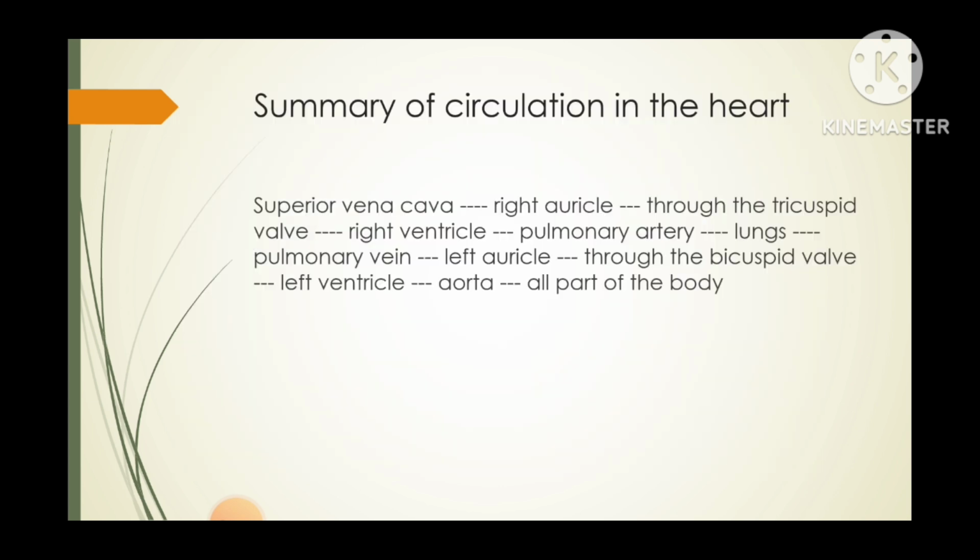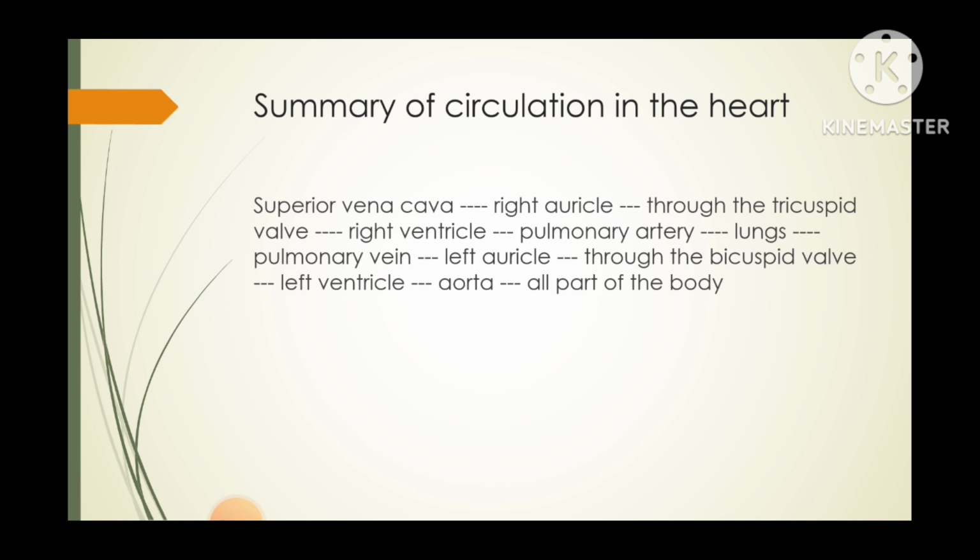Now let me quickly talk about the summary of circulation in the heart. When blood moves through the superior vena cava, the largest vein, I know that the function of the vein is to transport blood to the heart.